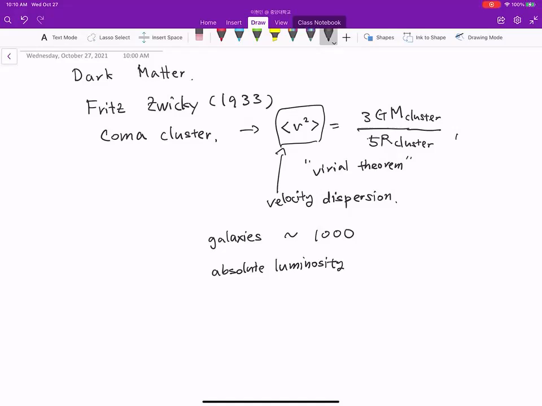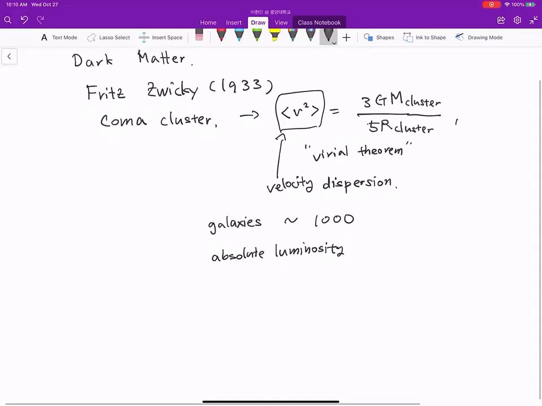In astronomy, people used luminosity instead of mass. But the luminosity is the mass for us, the luminosity for a galaxy. So it's the absolute, the averaged galaxy.